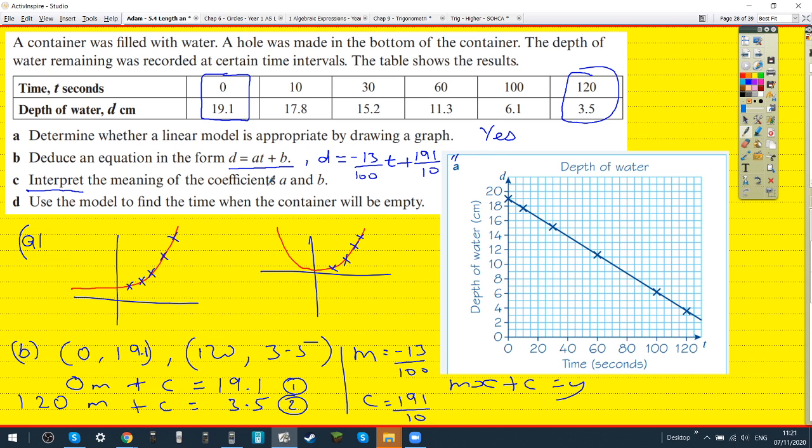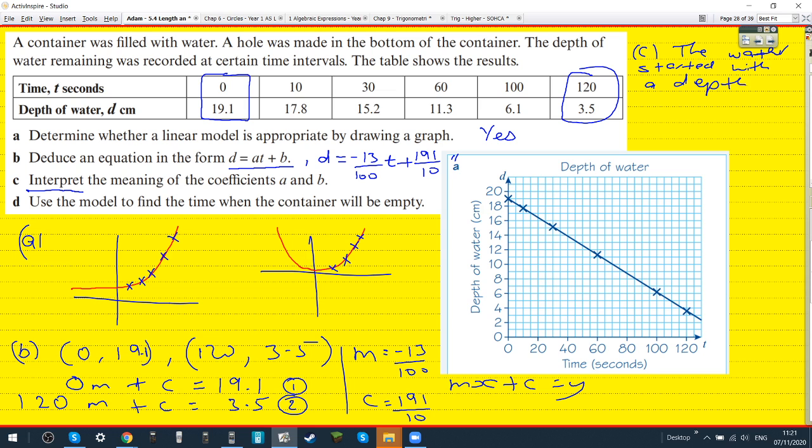Okay, how about A? Interpretation for A. Would it be when time is 0?